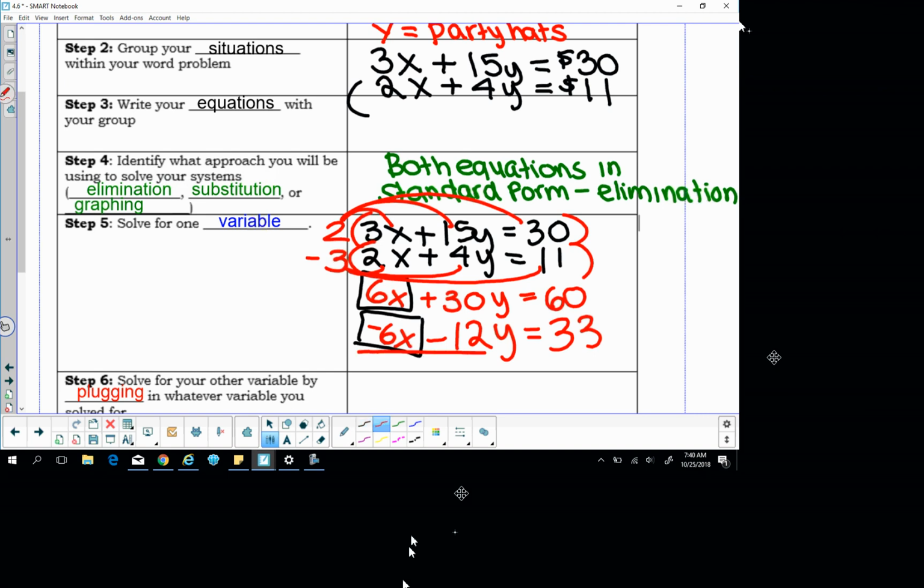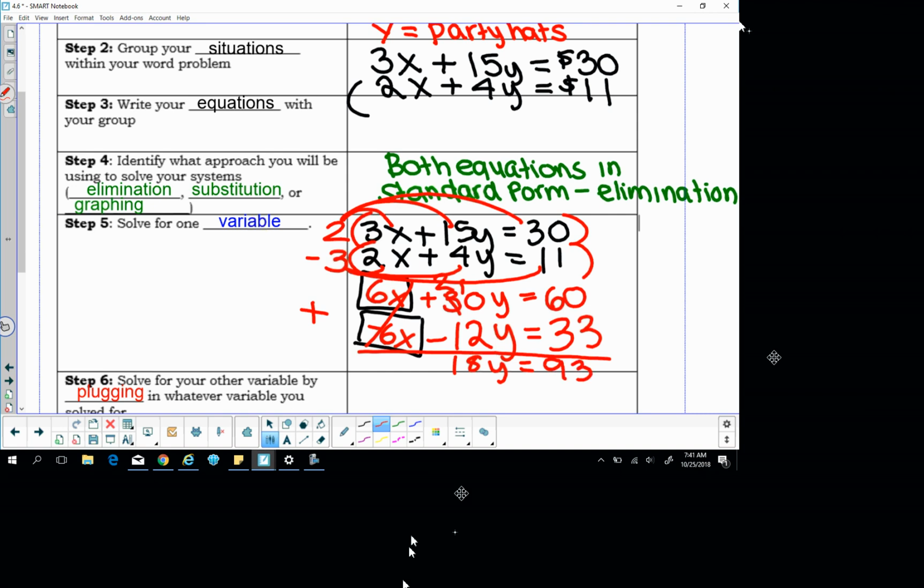So I'm going to start crossing them out, and I end up getting, what's 30 plus negative 12? 18. So you end up getting 18y, and then 60 minus 33, or 60 plus 33, sorry about that, 93.